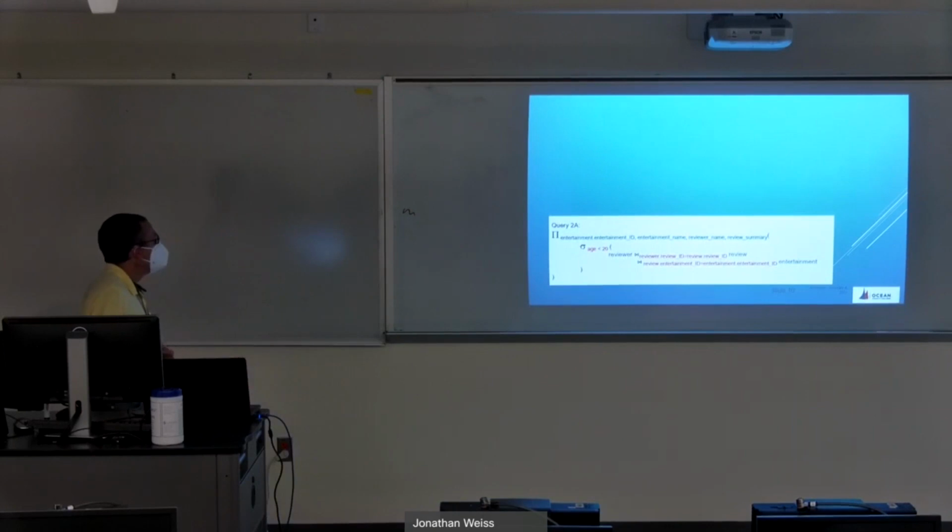All right? So I color-coded that stuff. I've got the project attributes. I've got the predicate for the select and the predicates for the joins. Okay, and the relations that we're dealing with are reviewer, review, and entertainment.